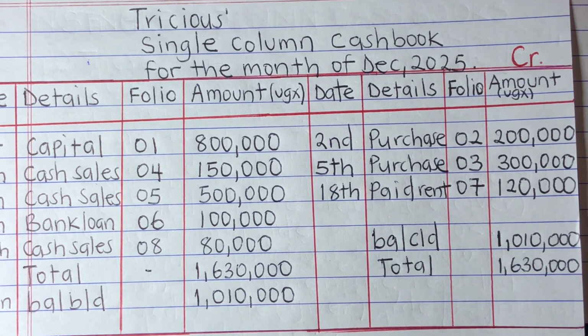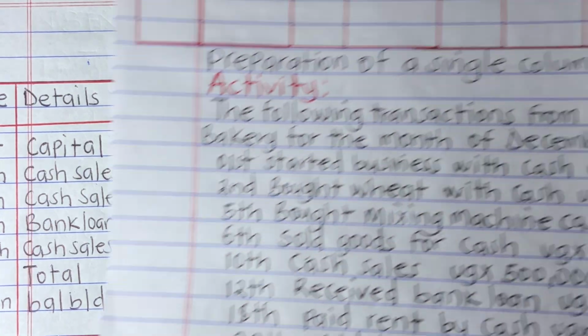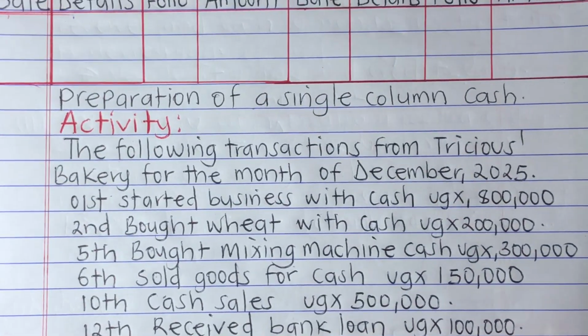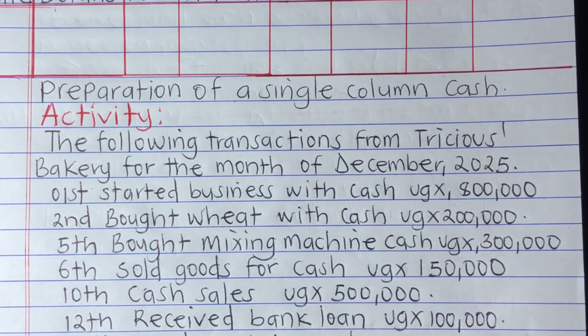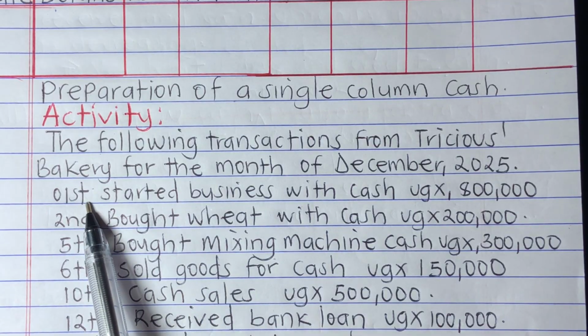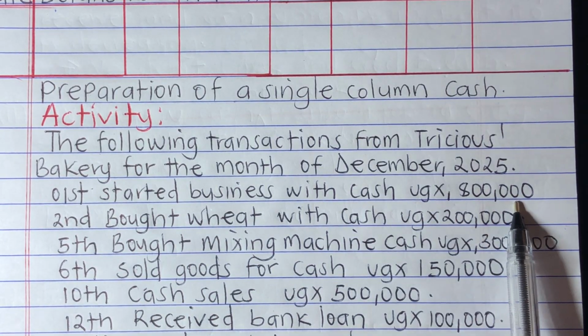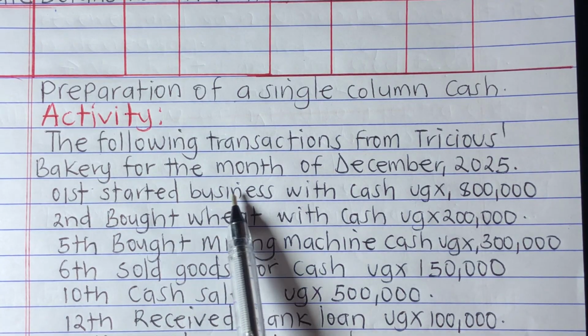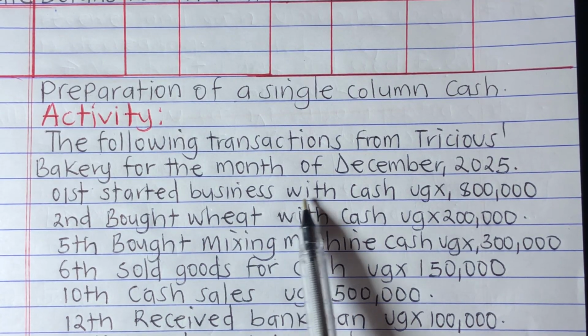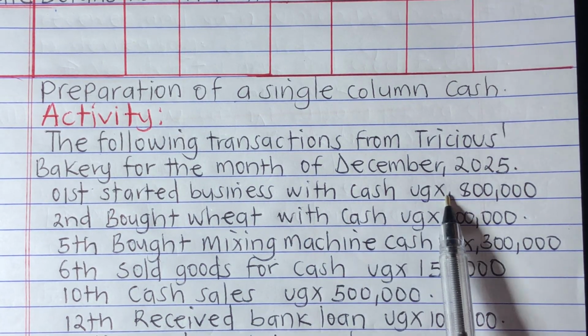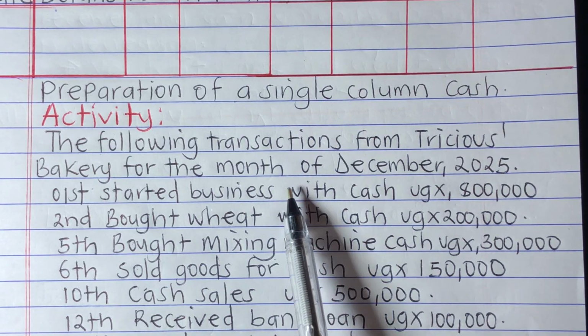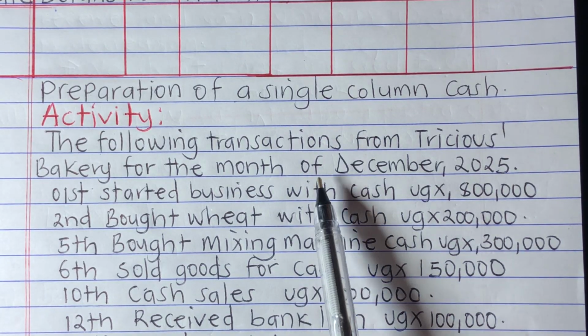Okay, so in our question, I'm going to be reading one transaction and then we post it. Our first transaction was: on first, started business with cash UGX 800,000. If you start business with cash UGX 800,000, it means that cash is our capital.